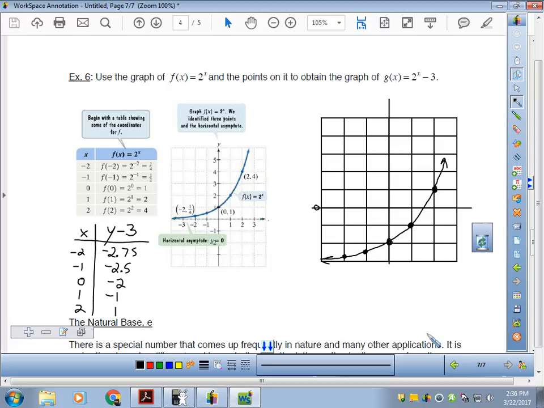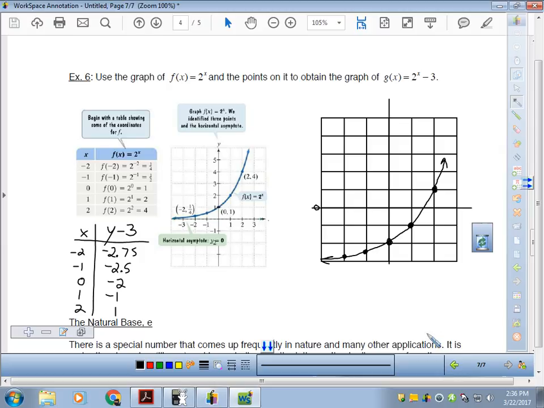Now one thing I want to point out right now before we move on to the next little bit is that when you do these in MyMathLab, a lot of times they use their little transformation toolbars, where rather than plotting points, you just say, hey, there's a vertical shift of whatever, there's a horizontal shift of whatever, and you just use little toolbars or the sliders to make it work. With these, though, you have to be careful, because there's a little box you have to fill in.